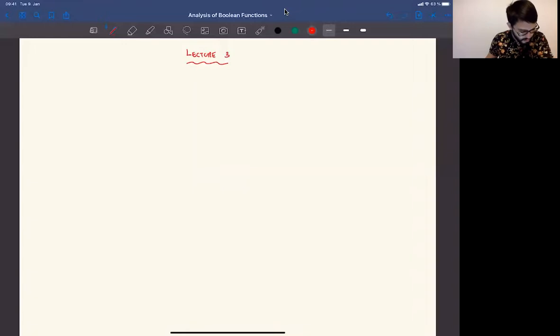Okay, so in this lecture, we will explore a little bit about learning functions, how algorithms can learn Boolean functions. Usually we have some subclass of functions from the Hamming cube to plus or minus 1, so Boolean functions.